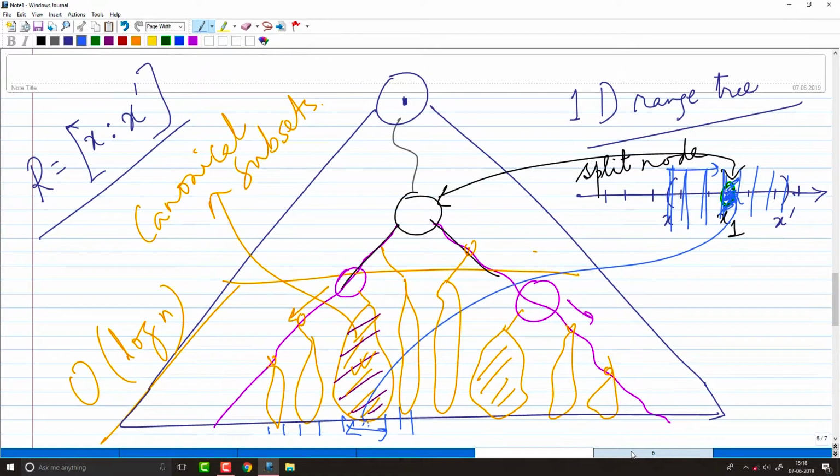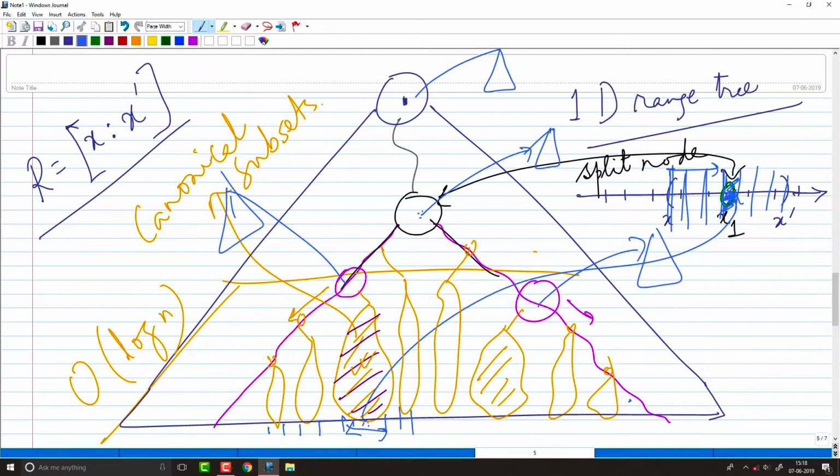So, whenever I am in a node anywhere in this tree, I know the set of points it corresponds to. What I will do is, I will associate another structure, another tree with each one of these nodes, which is built only on the y coordinates of those points that are associated with it.